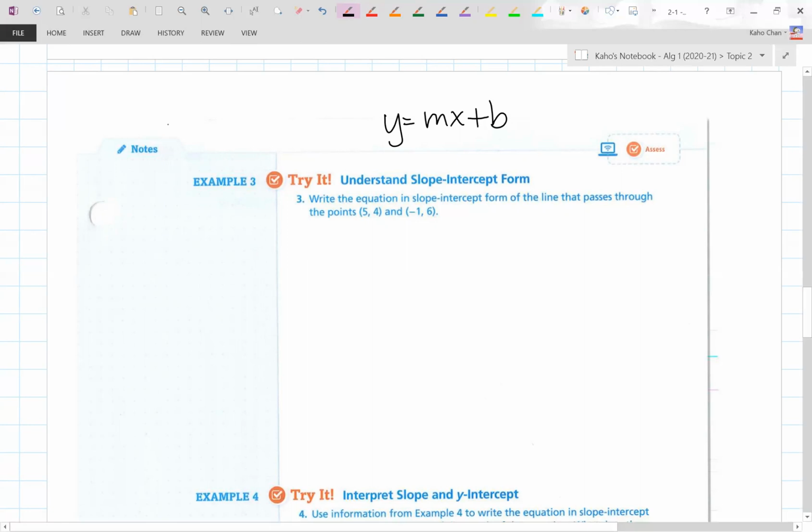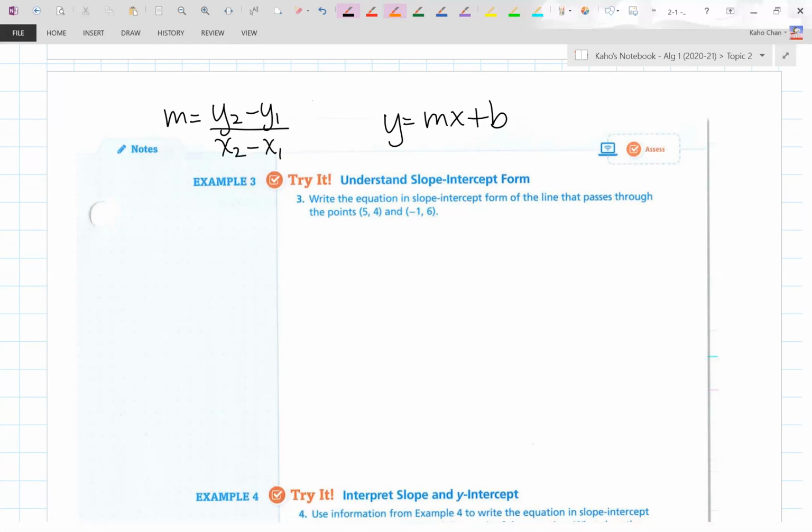Slope has its own formula. Here it is, folks. m equals y2 minus y1, those are called subscripts, divided by x2 minus x1. Technically, it's still rise over run.